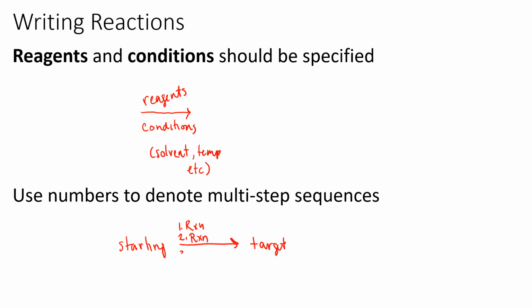And after each number, each step, I would list for you the reagents and/or the conditions that are needed. So writing it this way, I still have a 3-reaction process or 3 synthetic steps that I need to go through. But I'm not going to show you each intermediate that I would produce after step number 1 and step number 2. But we would be using those intermediates to move on in the reaction process itself.